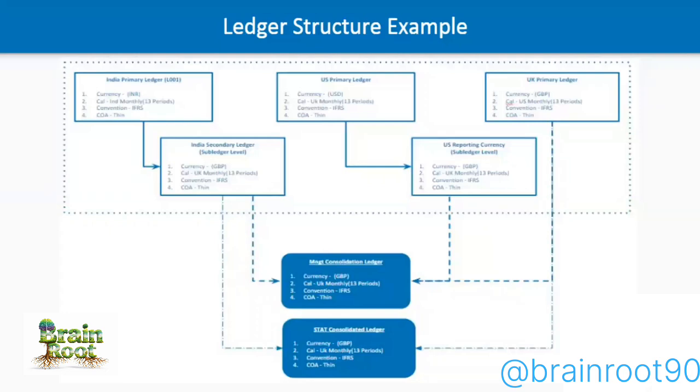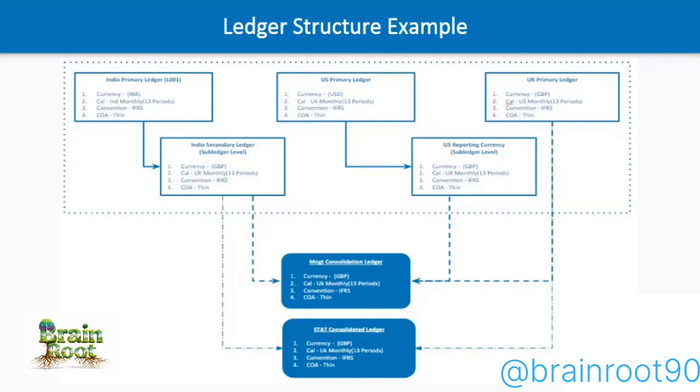As I explained previously, if you have a simple consolidation, because let's say the US operations and the India operations are 100% subsidiaries and there are no complexities between them, it is much easier to define this management consolidation ledger in Fusion, run the consolidation, and bring all the values to the consolidation ledger. If required, you can have some elimination JVs.